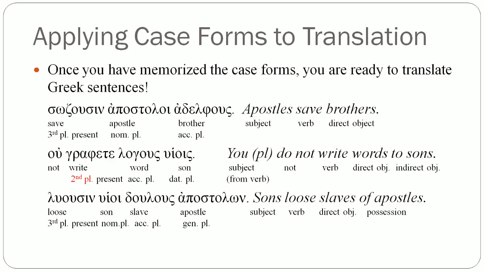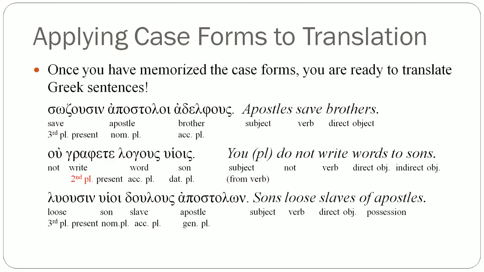You plural do not write words to sons. Notice that last word, huiois. Son is plural. It is also dative, so when you translate it into English, put a to in front of it. It's not you plural do not write words sons. It's words to sons, indicating the indirect object.